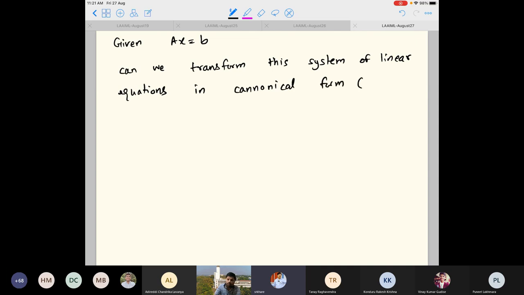What is canonical form? Where the accompanying matrix is upper triangular or lower triangular. So an upper triangular system or a lower triangular system.